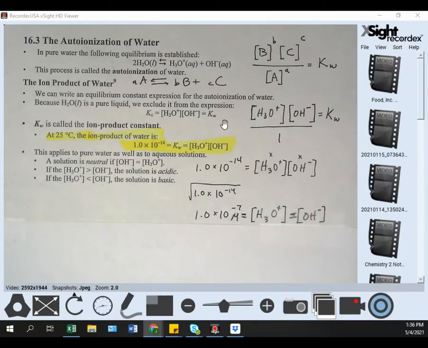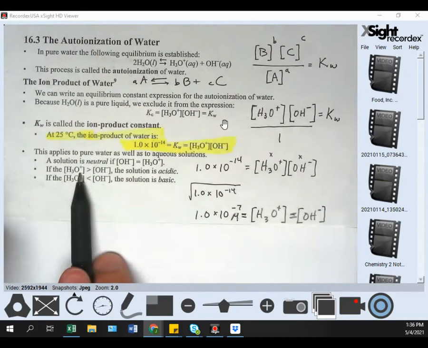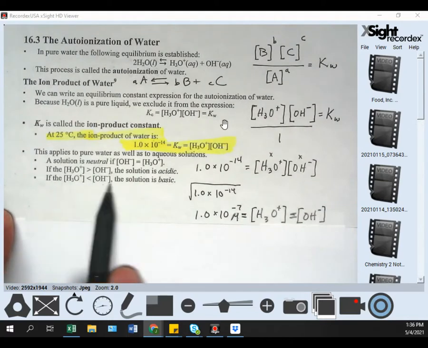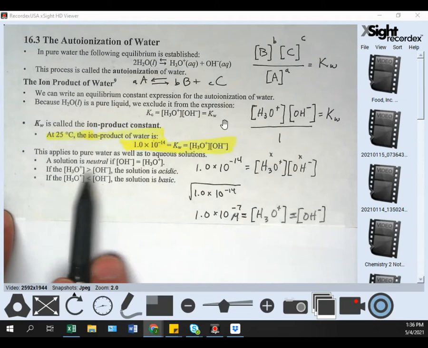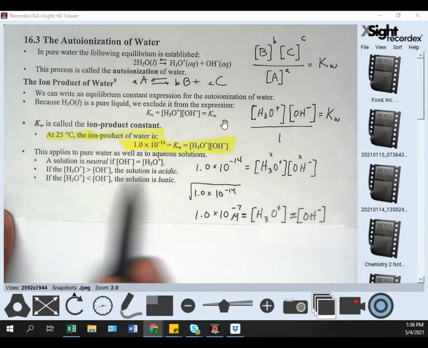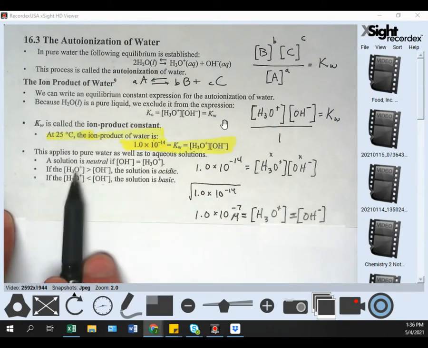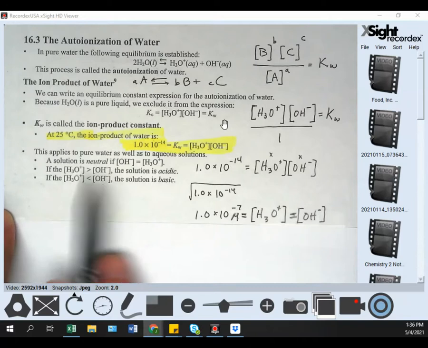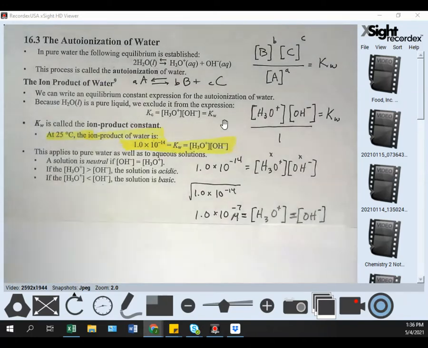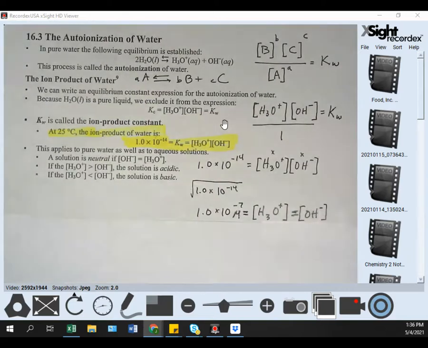Okay. And then look at these here. If there's more hydronium than hydroxide, it's acidic, because the hydronium is like the H plus, right? So just think of it like a balance. If you've got the same amount of hydronium and hydroxide, it's neutral.